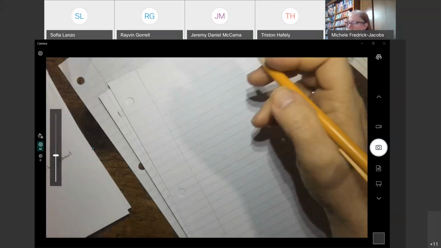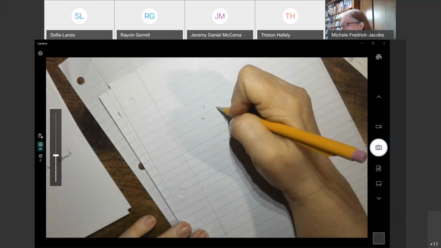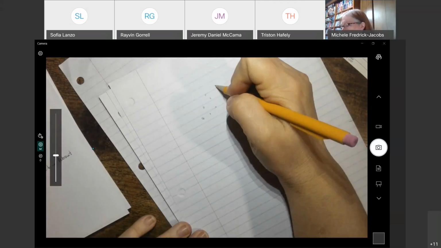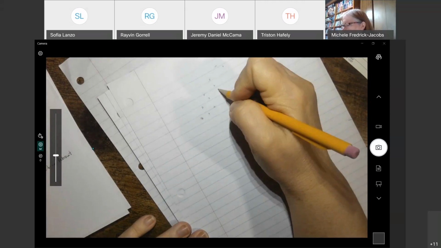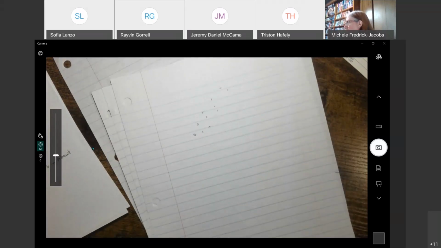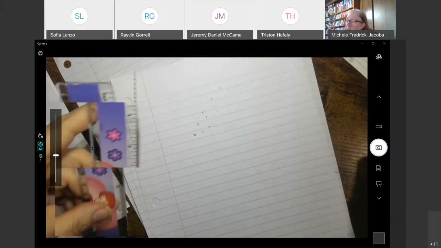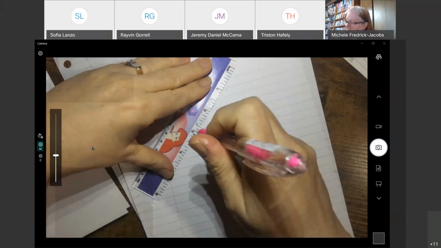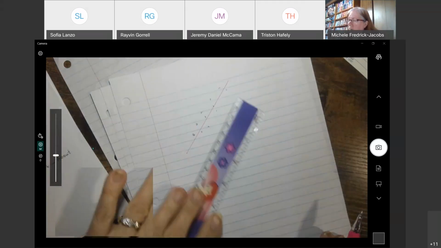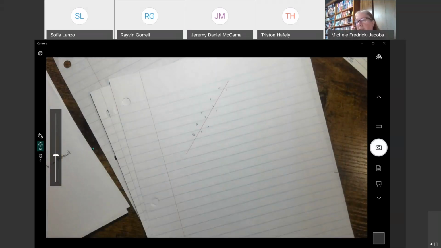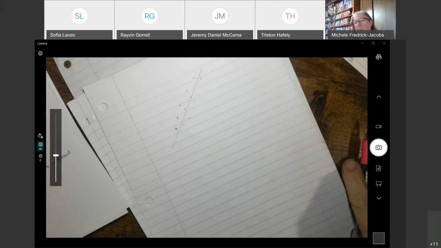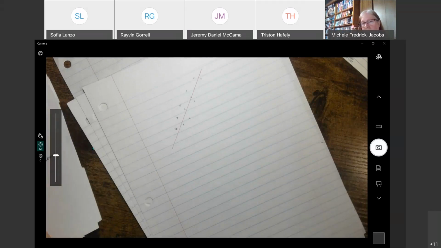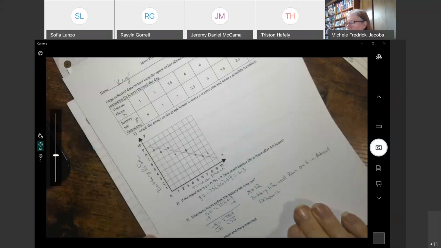So if you had something like that, you're just drawing an estimate of what the trend line would be, and it would just go through your data. Nothing specific. All right. Any other questions?